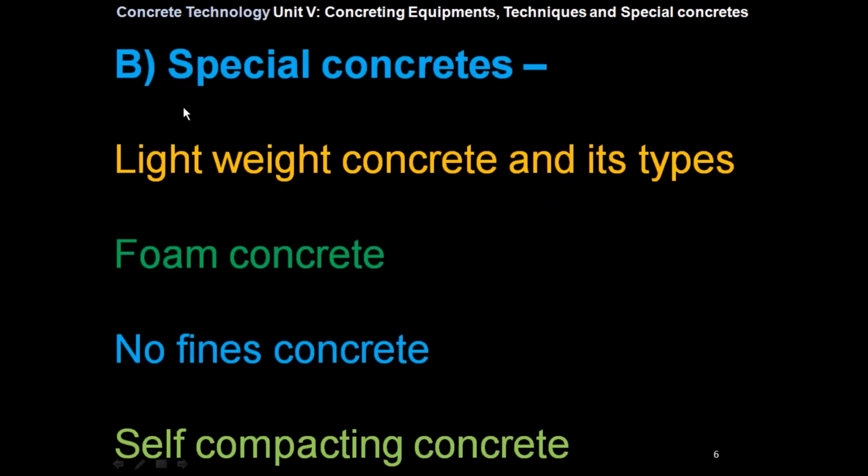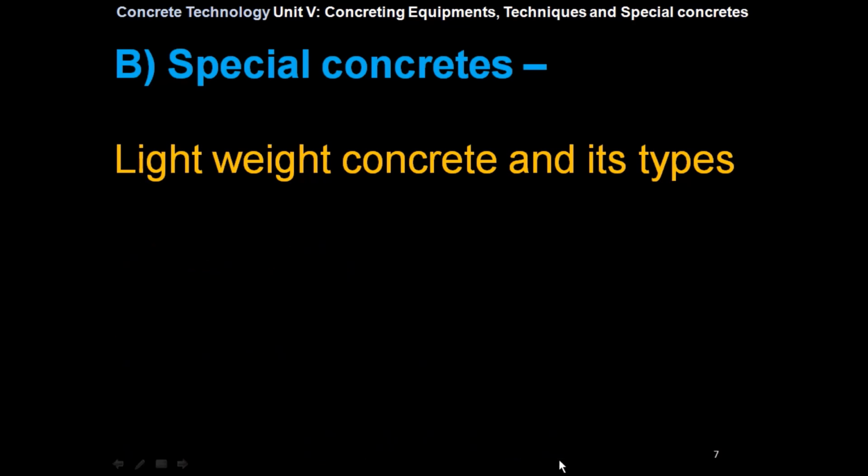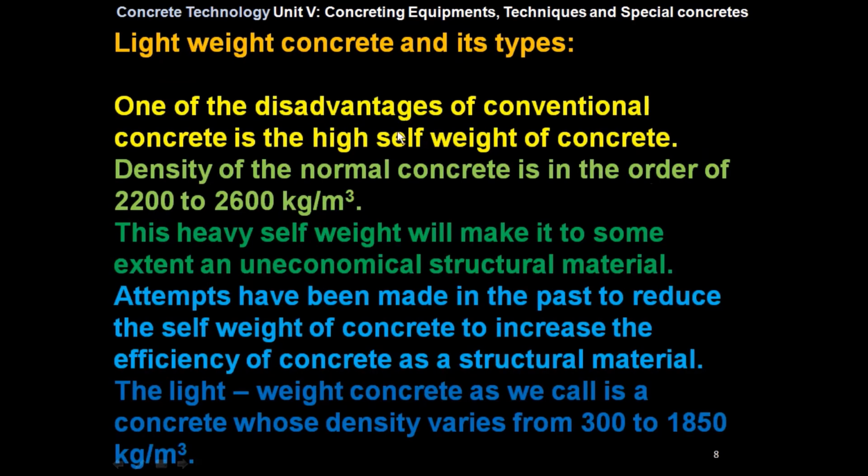Now we will see Part B, special concretes. In that, lightweight concrete and its types, foam concrete, no fines concrete and self-compacting concrete. First we will see lightweight concrete and its types. One of the disadvantages of conventional concrete is the high self-weight of the concrete.